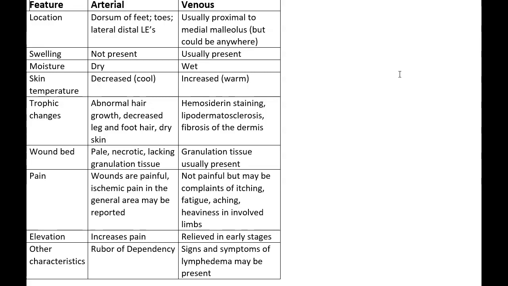Now, as an extension, if I asked, what would you expect the skin temperature in the area to be? Colder than normal, yeah. Okay, good. How about, what other things might you notice about her skin? If you test for the rubor of dependency, there will be blood flow with the gravity feeding that.